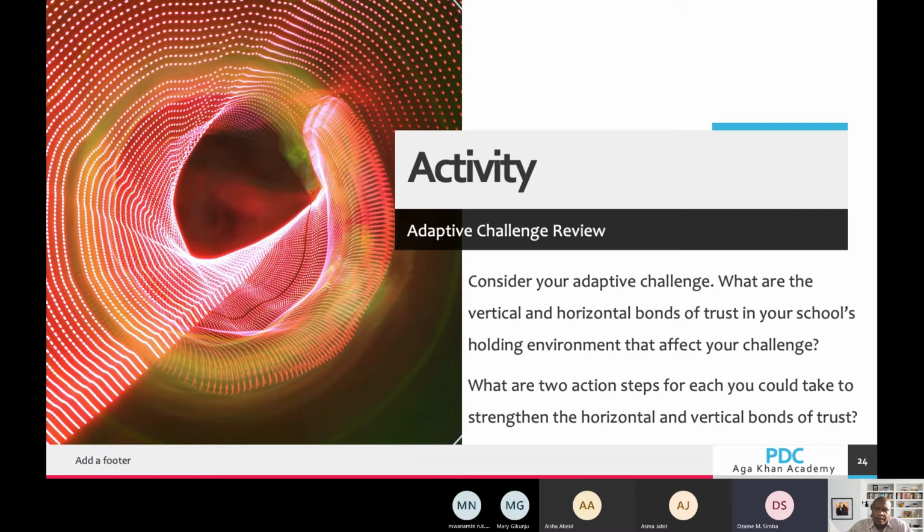To solve this problem, we are trying to build bonds between the class teacher and the parents, with proper communication, so that when a pupil is absent, for example has left home but has not reached school, the teacher can know the whereabouts of that child.